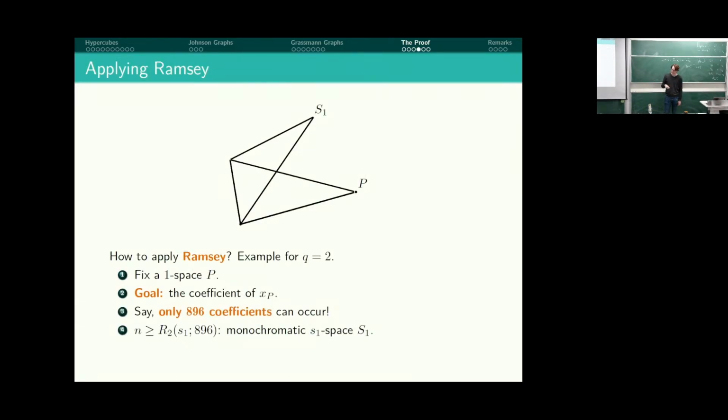Good. So how does this help? Here an example for q equals 2.